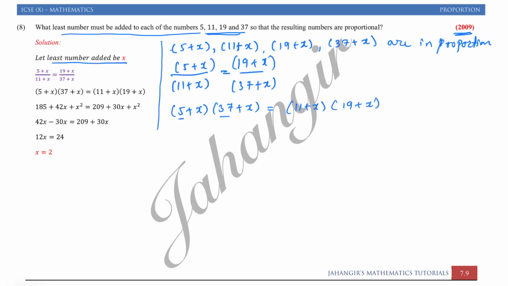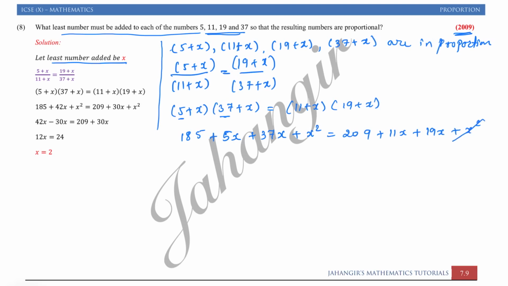Multiplying 5 into 37: 7 5s are 35, 3 5s are 15, 16, 17, 18, so 185, plus 5x plus 37x plus x square. 11 into 19: 11 9s are 99, 9 carry, 11 1s are 11, 11 plus 9 is 20, so 209, plus 11x plus 19x plus x square.